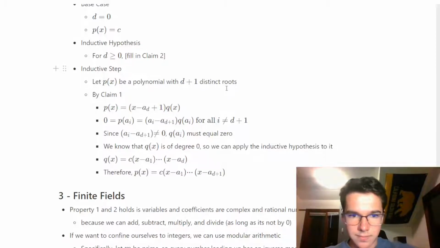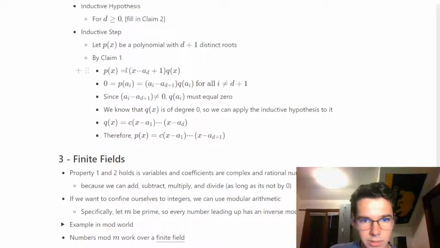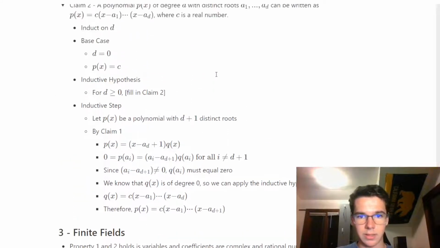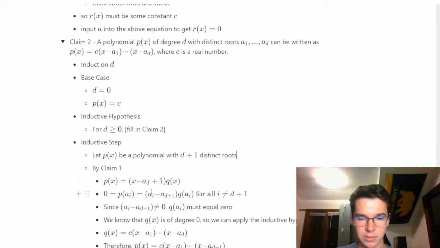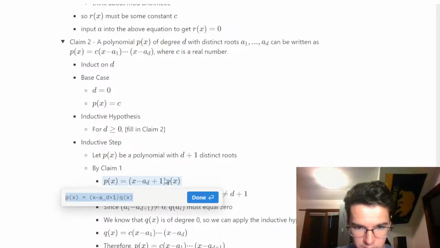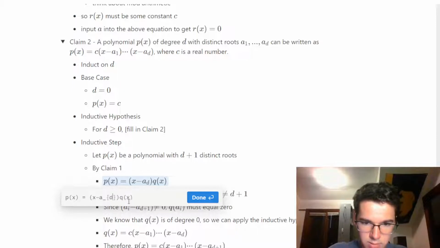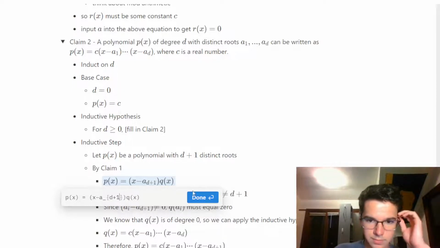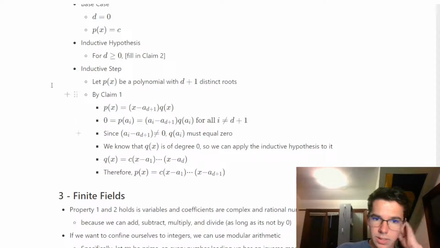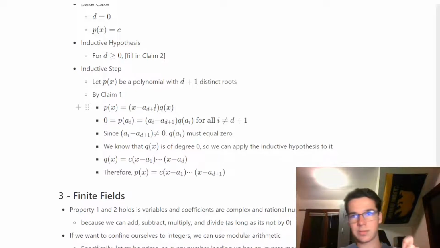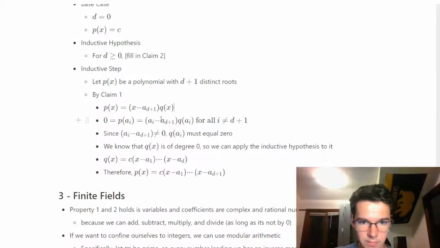By claim 1, p of x is equal to x minus a_{d+1} times a polynomial q of x, where we take out just one of the roots, and q of x is going to have degree d.